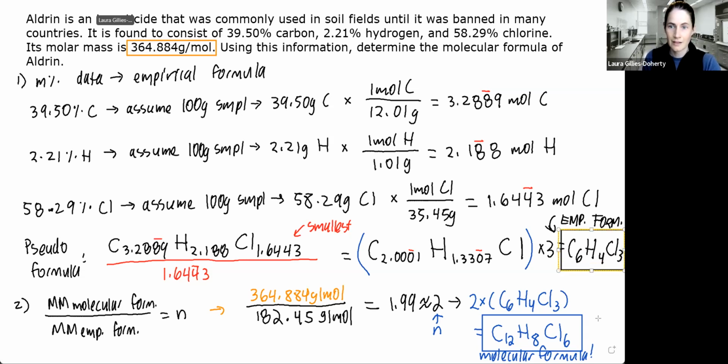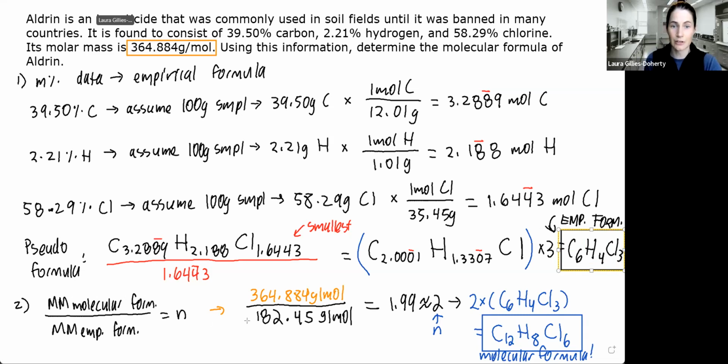C6H4Cl3. We then had to use the relationship between molecular formula and empirical formulas to calculate the multiplier. Molecular formulas and empirical formulas will always be related by a whole number value, a multiplier. So we can take the molar mass of the molecular formula, which we were given in the problem as 364.884 grams per mole, and divide it by the molar mass from the empirical formula.